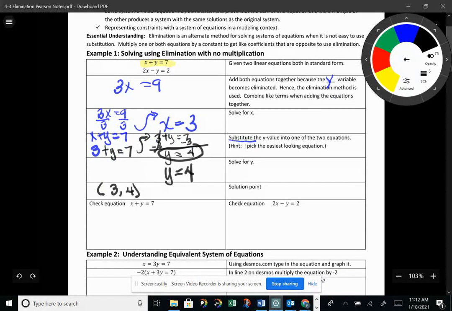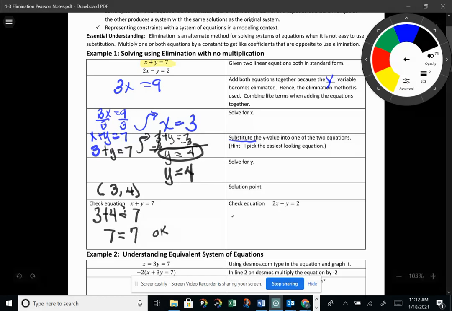And then it's always a good idea to go through and check. So 3 plus 4, does that really equal 7? And 7 is equal to 7, so this is okay. And then this one, 2 times 3 minus 4, does that really equal 2?